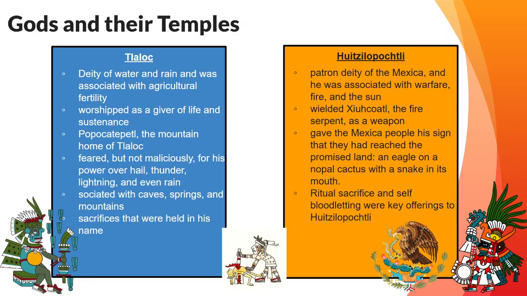And the imagery of Huitzilopochtli is really tied into this imagery of the eagle eating the snake on the nopal cactus. And the story there is that Huitzilopochtli said to the Mexica, when you find this eagle eating the snake on top of the cactus, that is where your homeland will be.